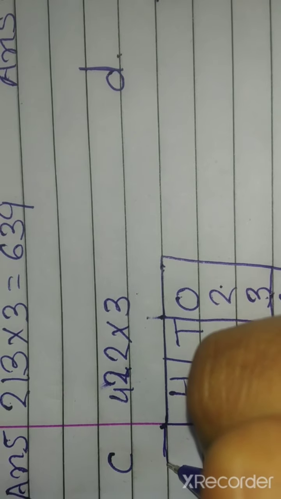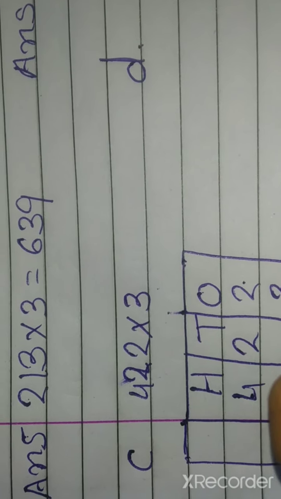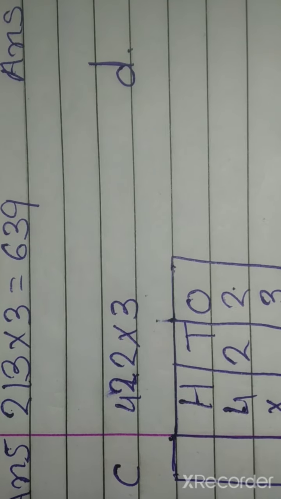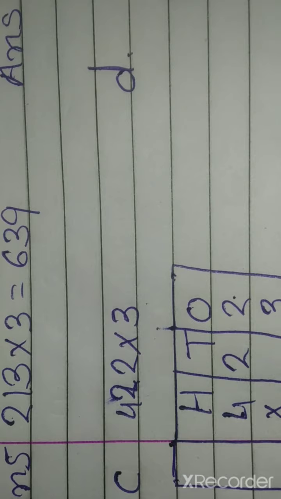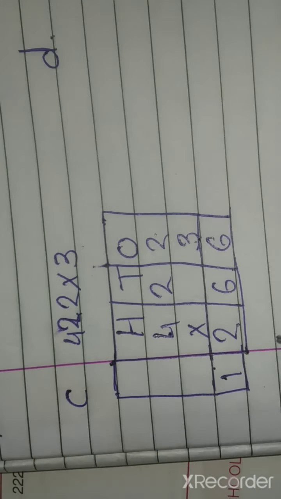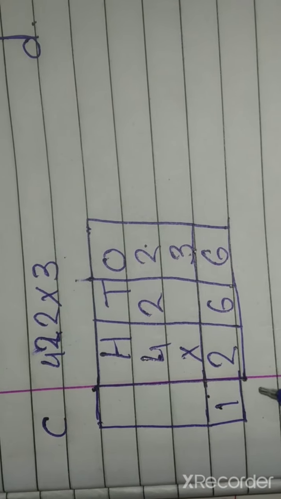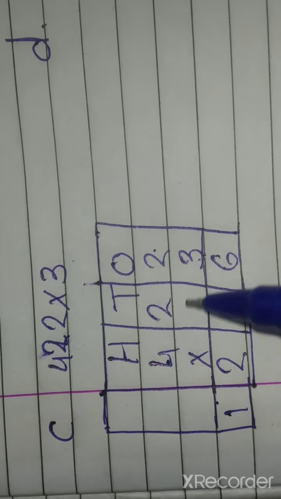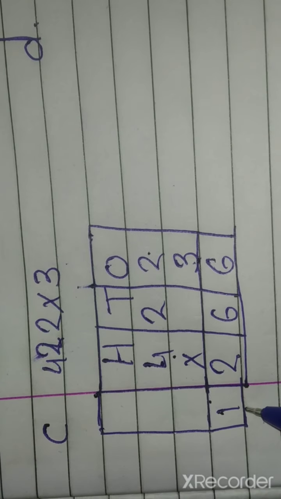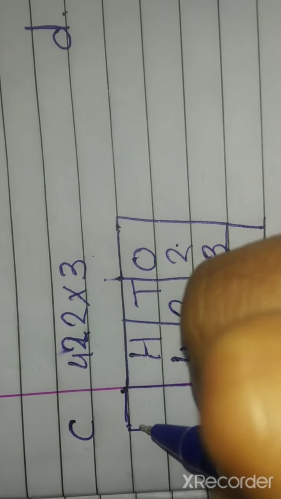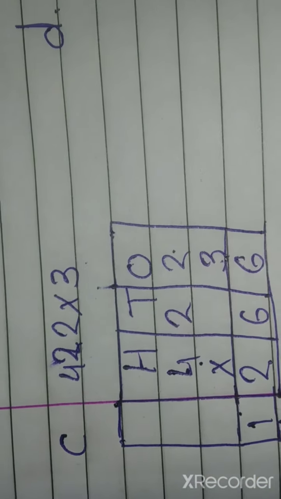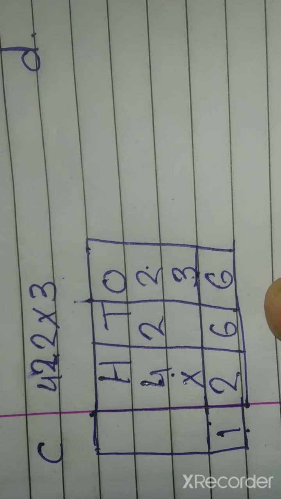We'll carry one to the next column, and here we have to write 12. 3 4s are 12. And here we have to write 100.